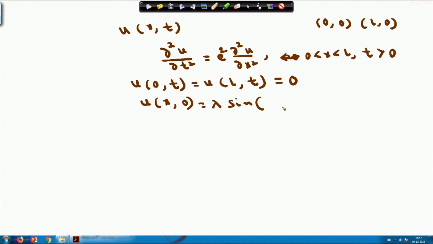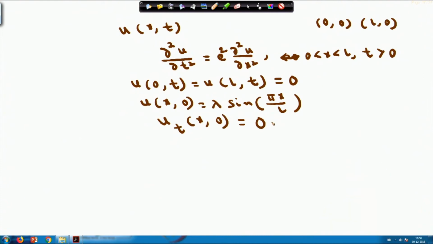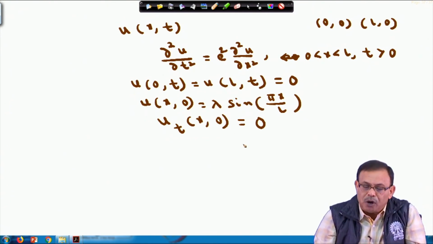At t equals 0 the motion is initiated, and whenever you take the derivative of this with respect to t, since it is independent of t, this value is 0. So, u(x,0) equals lambda sin(pi x by L) and u_t(x,0) equals 0. Therefore, please note that for the given problem, I have to formulate the problem.